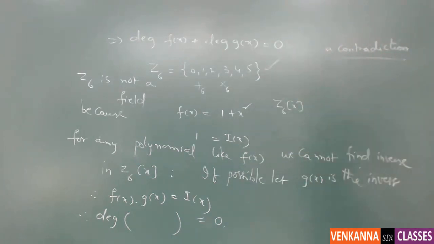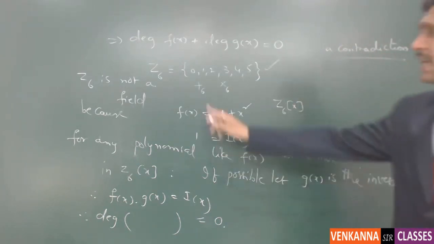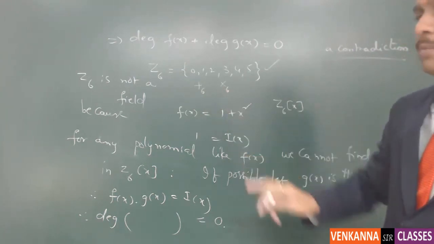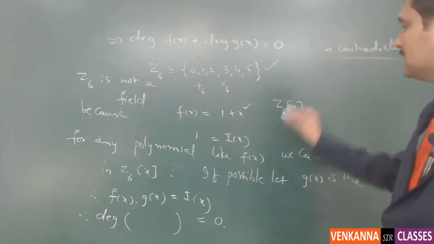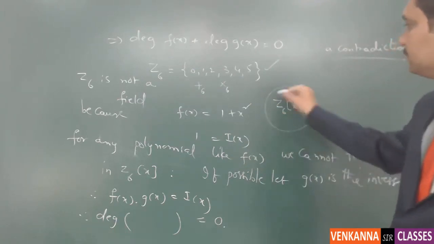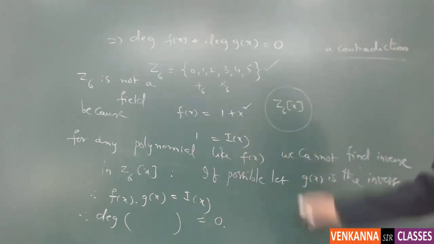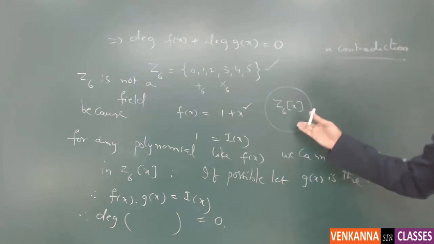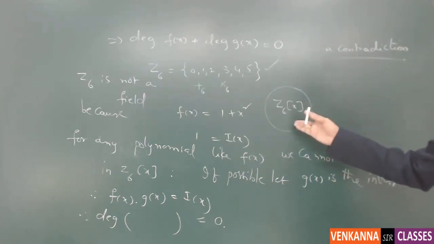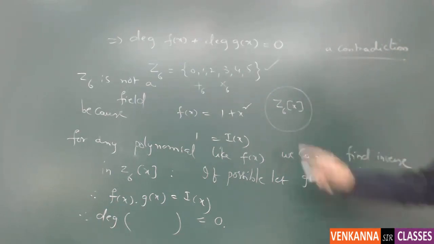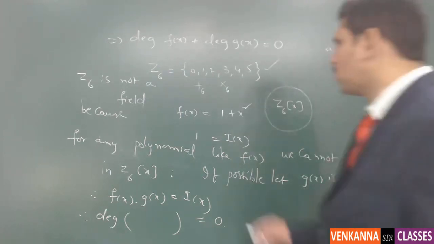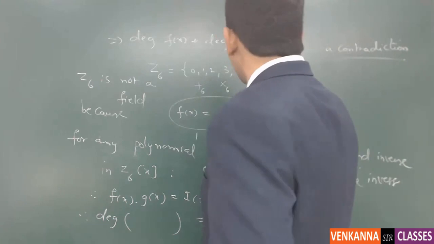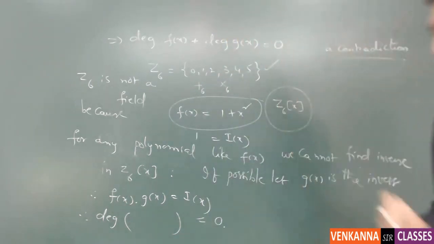It is a ring where the operations are taken as addition modulo 6 and multiplication modulo 6. The corresponding polynomial ring is Z6 of x. So I am saying that it will become a commutative ring, it will have the unity element, but it is not a field. Why? Because suppose you consider a polynomial f of x is equal to 1 plus x square in this ring.